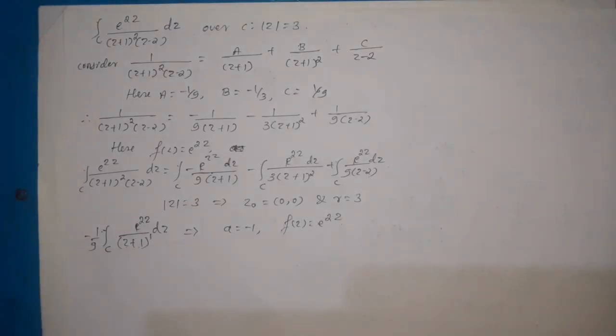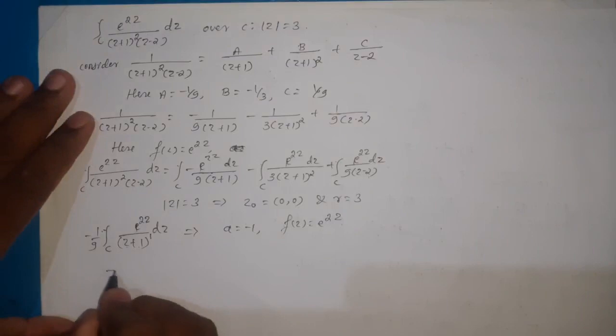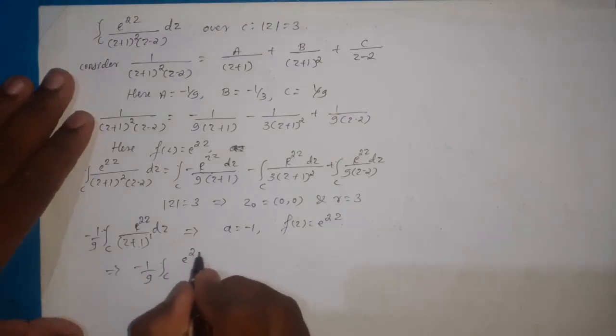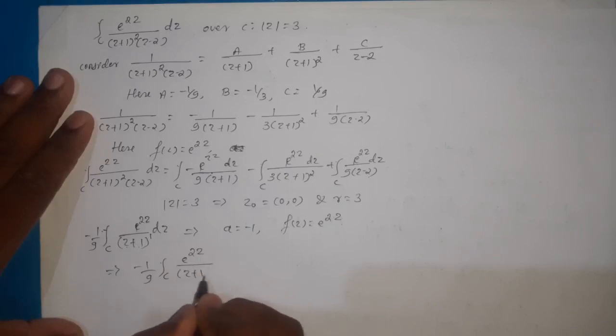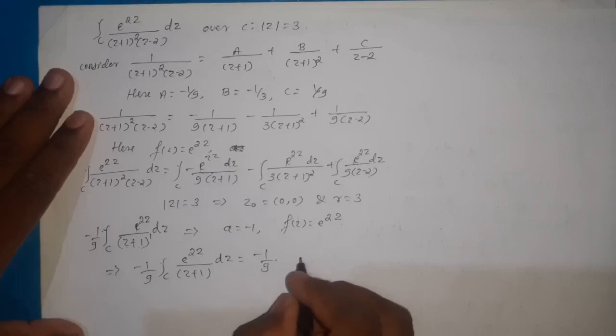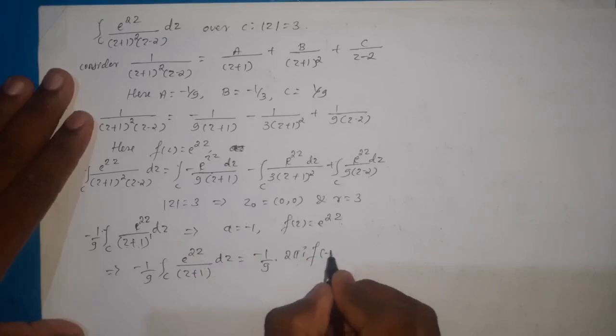Whenever the power of z minus a is equal to 1, we need to use Cauchy's integral formula, that is the integral over C of f of z divided by z minus a dz equal to 2 pi i f of a. Therefore, minus 1 by 9 into the integral over C of e power 2z divided by z plus 1 dz equals minus 1 by 9, the constant as it is, times 2 pi i f of a, where a is equal to minus 1.